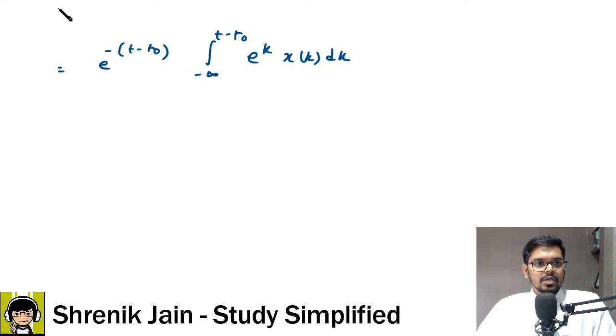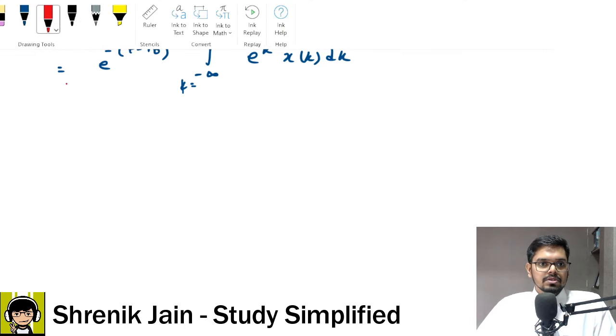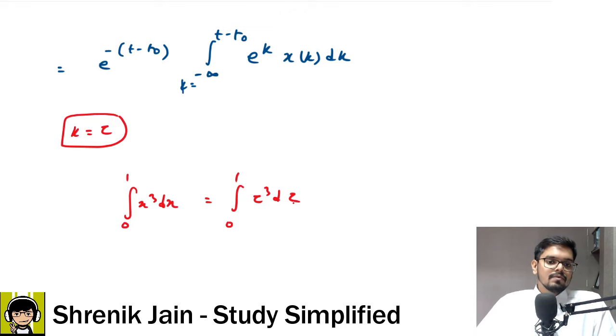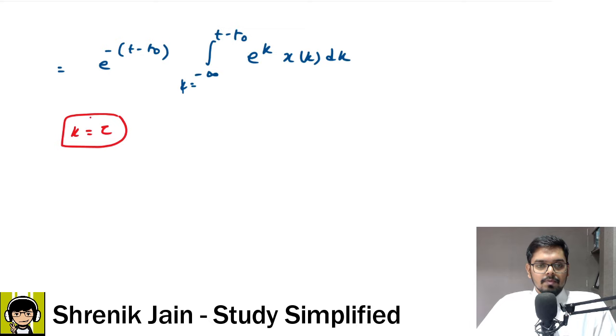See carefully, the change of variable property: if the limits are this, the function is in terms of k and then it is dk, you can replace k with tau, and the integral would remain the same. How come? Check whether the integral from 0 to 1 of x cubed dx is equal to the integral from 0 to 1 of tau cubed d tau. If yes, then the same property I have used.